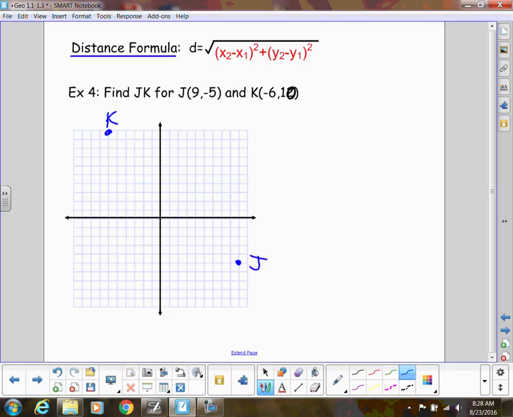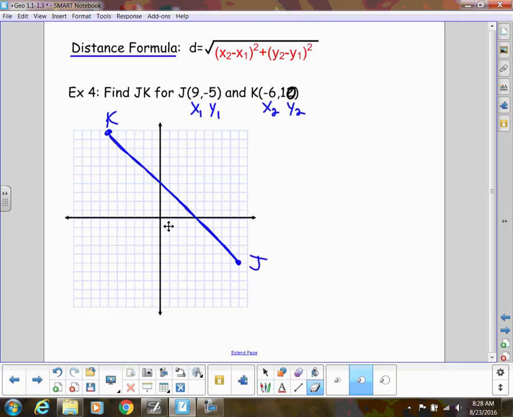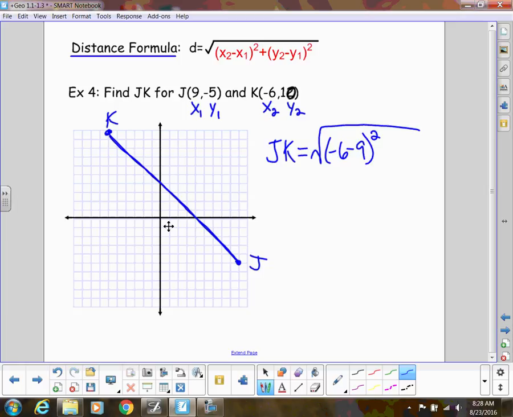There's J. So if I want to know the distance between those two, I can use the formula where this is my x1, y1, this is my x2, y2. And so the distance between J and K, or another way of writing that in geometry, is JK. And so we would use negative 6 minus 9, parentheses squared, plus 10 minus a negative 5, parentheses squared.